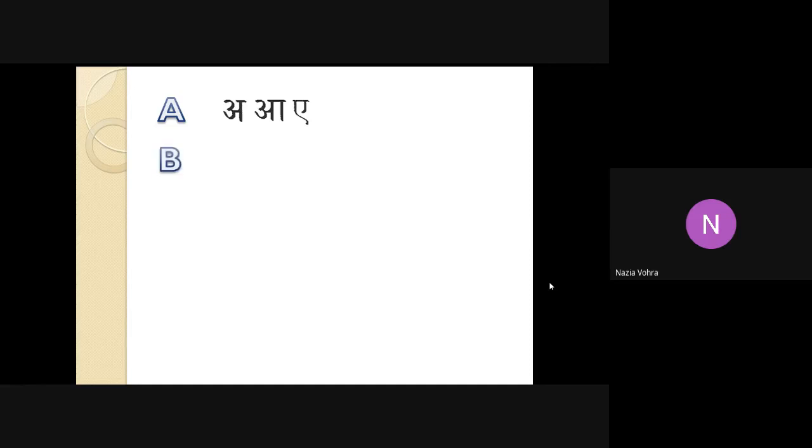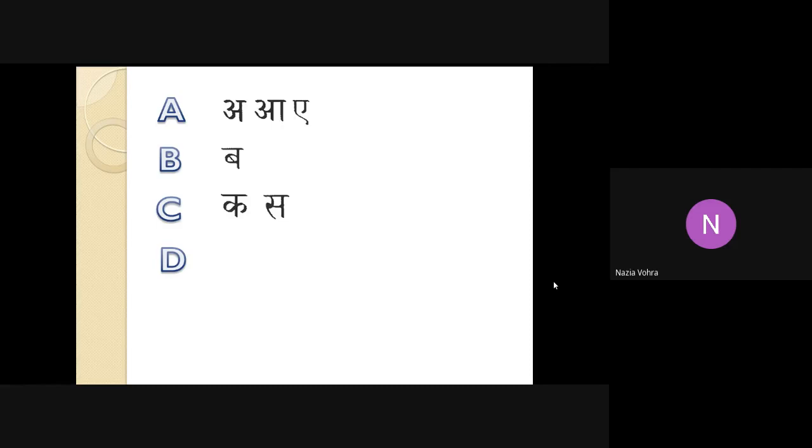The next letter is B. What is the sound for B? It's B. Say B. Okay. The next letter after B is C. And the sound for C is K, and S. The sound for C as K is in cat.